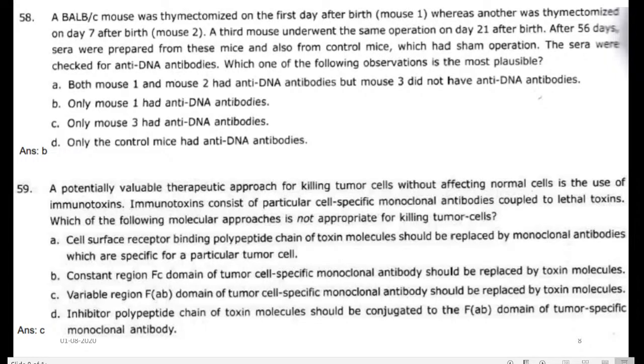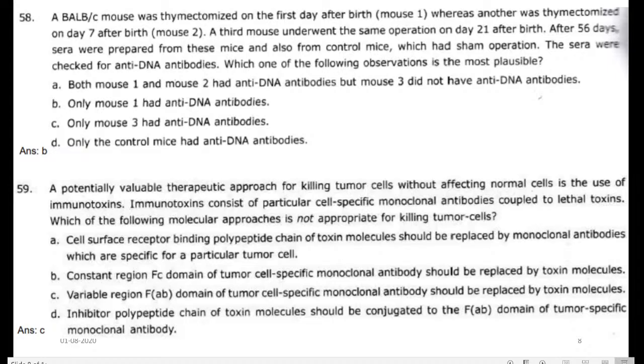One mouse was thymectomized on the first day after birth, and a second mouse was thymectomized on day 7.